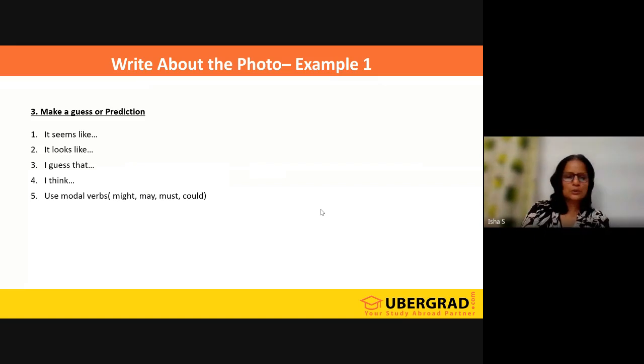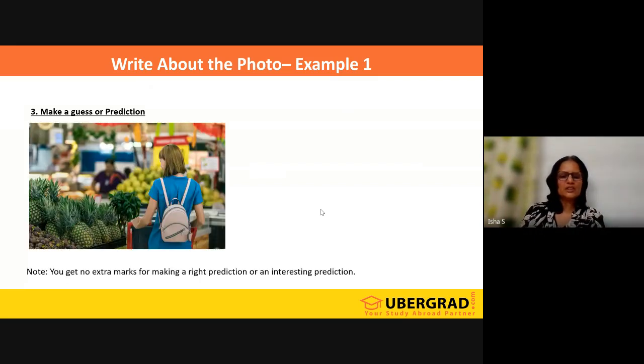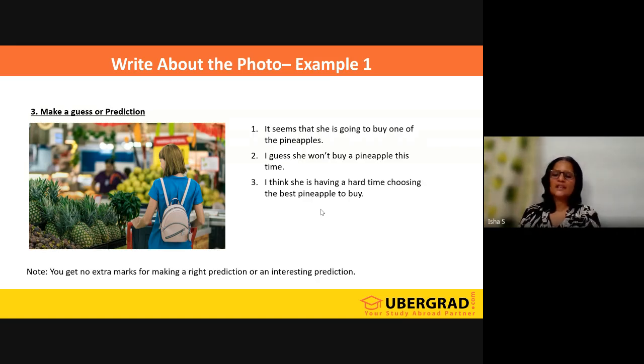Okay, so let's see the predictions here. It seems that she is going to buy one of the pineapples. I guess she won't buy a pineapple this time. I think she is having a hard time choosing the best pineapple to buy.